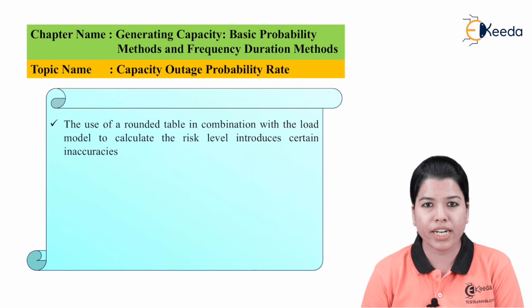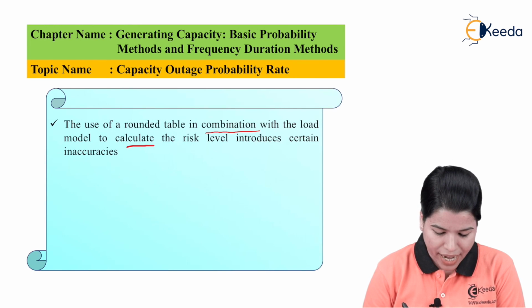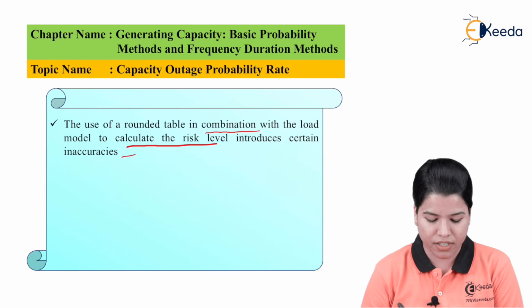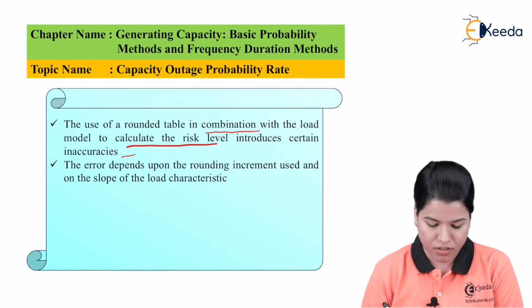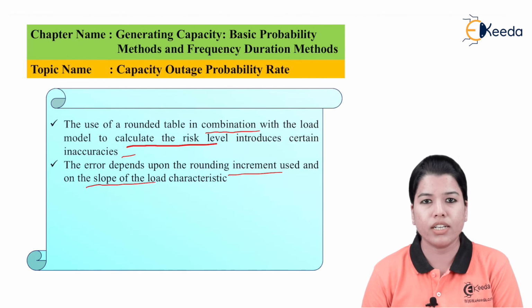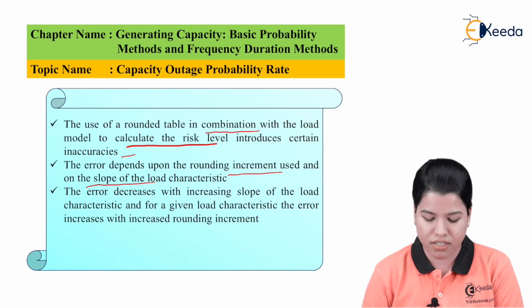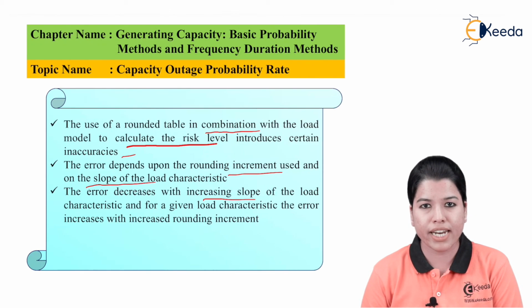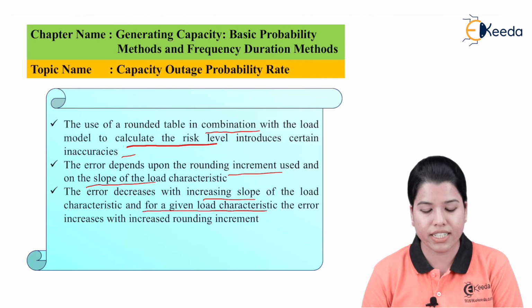So the use of the rounded table in combination with the load model to calculate the risk level introduces certain inaccuracies. Now the error depends upon the rounding increment used and on the slope of the load characteristic. So the error can be decreased with increasing the slope of the load characteristic, and for a given load characteristic the error increases with the increased rounding increment.